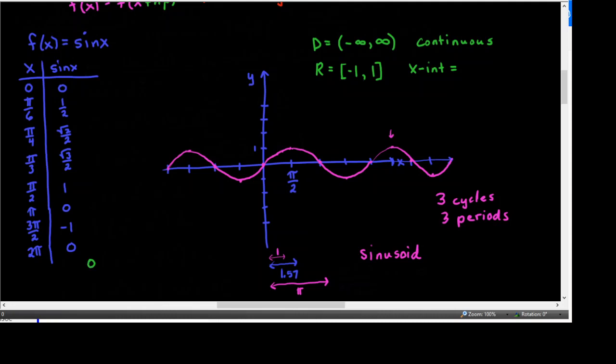The x-intercepts are 0, and then pi, and then 2 pi, and 3 pi, and 4 pi, and 5 pi, and 6 pi, and 7 pi, etc. Then -pi, -2 pi, -3 pi, etc. forever.